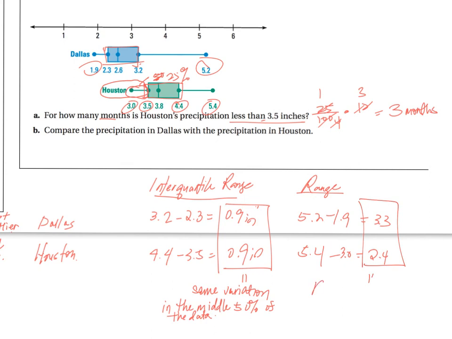The range is greater for Dallas throughout this year, and Dallas has more variation in precipitation. Okay, and this concludes the lesson.